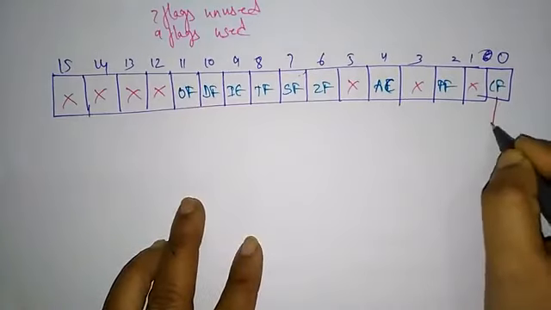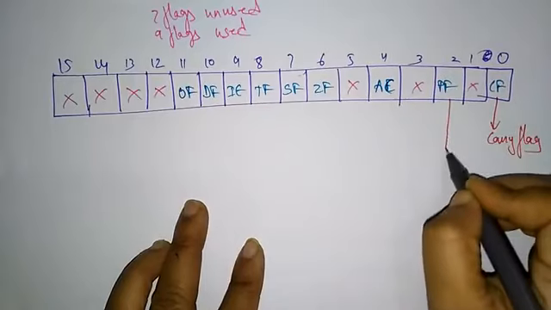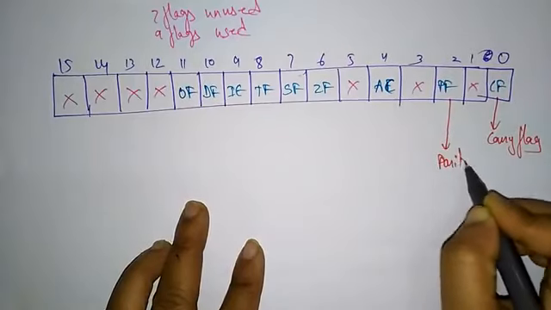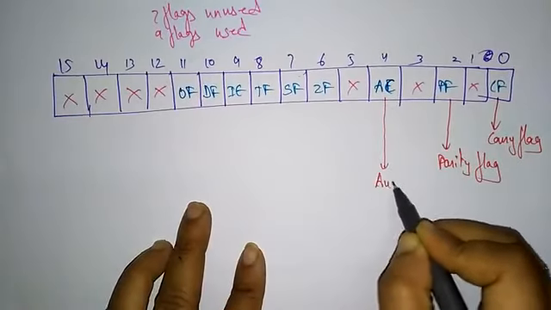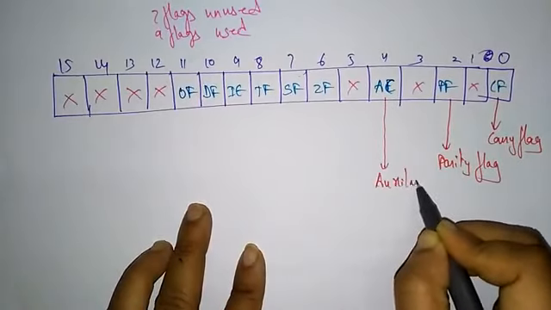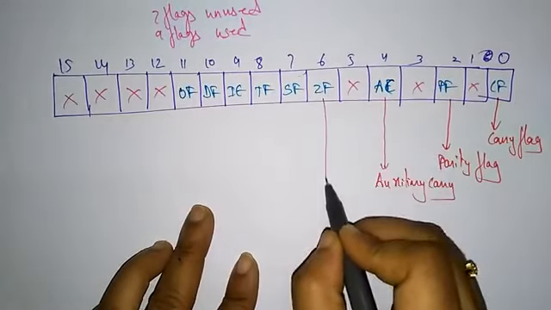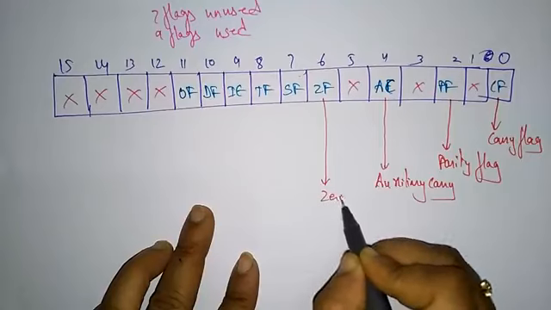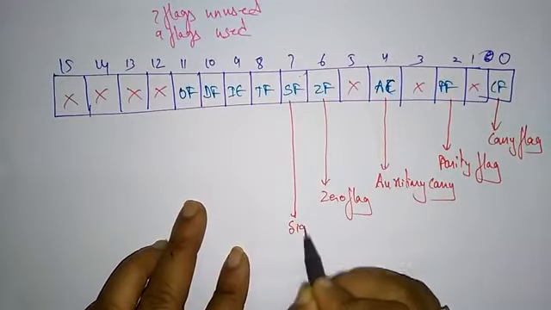So this is carry flag, and this is parity flag, and this is auxiliary carry flag, and this is zero flag, and this is sign flag.